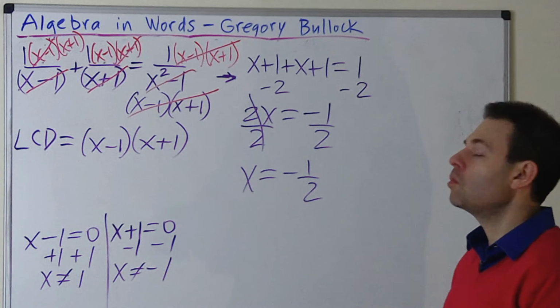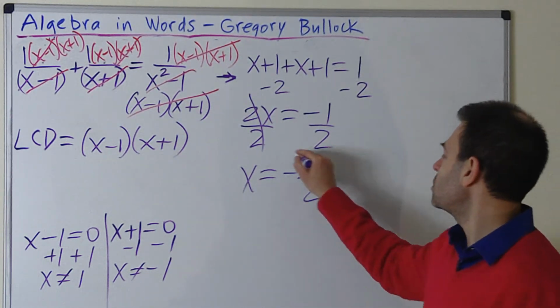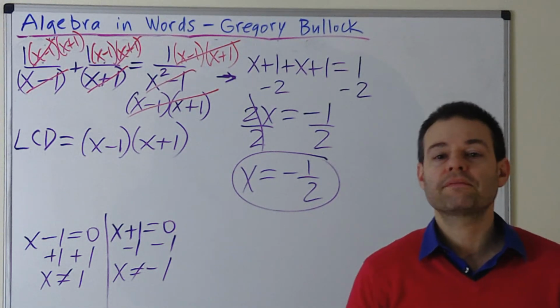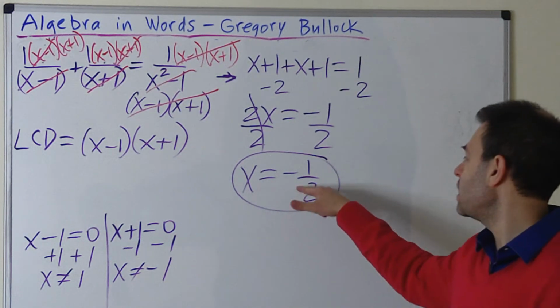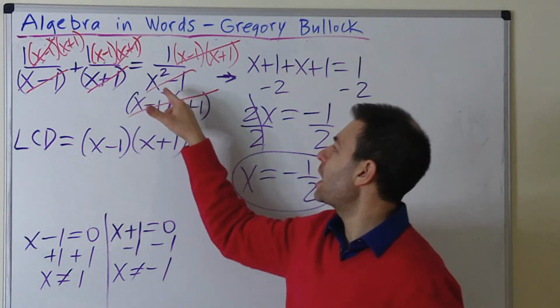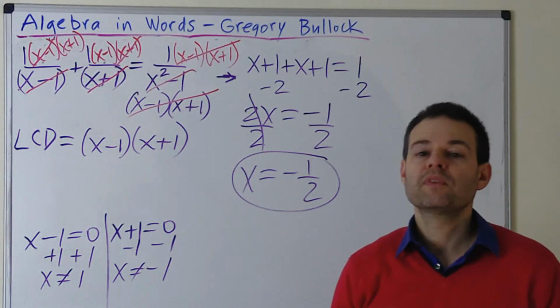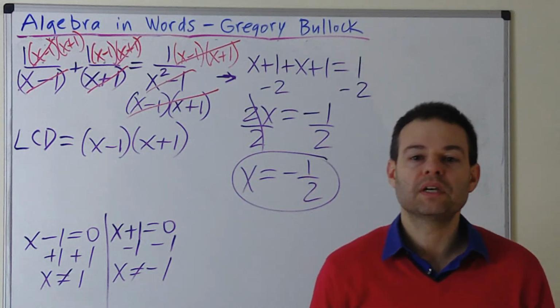No. So by that comparison, we now have validation that our answer, x equals negative 1/2, works. If we wanted to check that, we could take the negative 1/2, substitute it back into the original equation, not just the denominators, simplify, and see what it becomes.